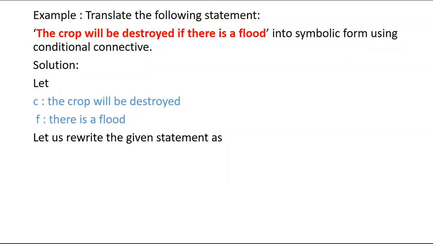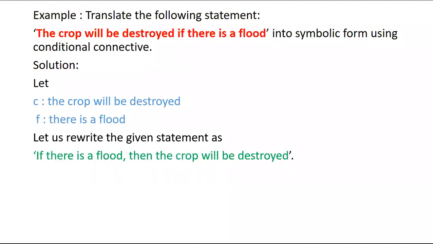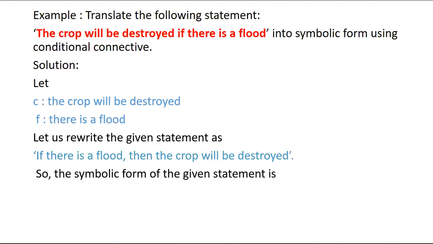Yes, sir. So the symbolic form for the given statement: first take the symbol for the statement. There is a flood. If there is a flood, the first one to take is F. F implies C.